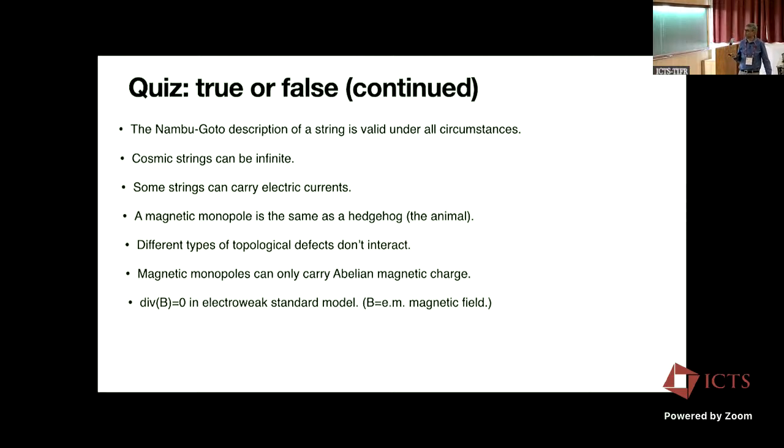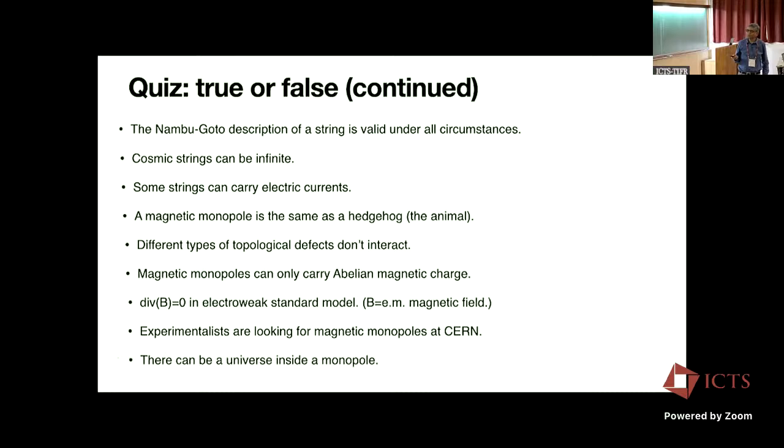False. Experimentalists are looking for magnetic monopoles at CERN. Very good. There can be a universe inside a monopole. True. Very good, 100%. Thank you.